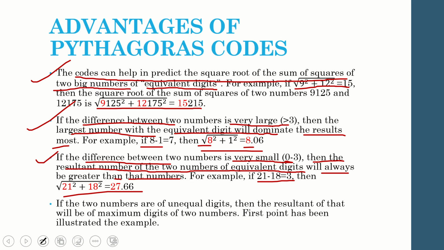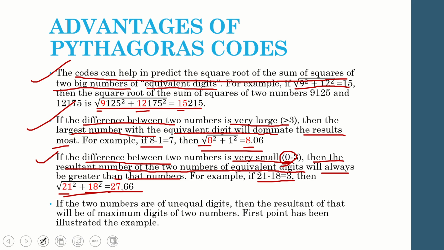See here, 21 and 18. The number we are getting is greater than these two numbers. Similarly, in the first example, here it is 9, here it is 12, you are getting 15 because the difference between them is very small.